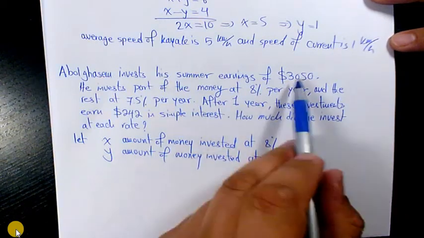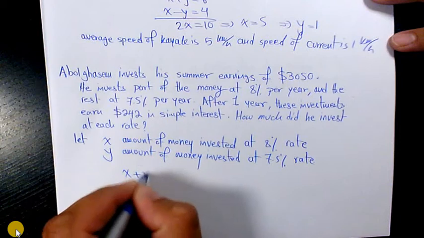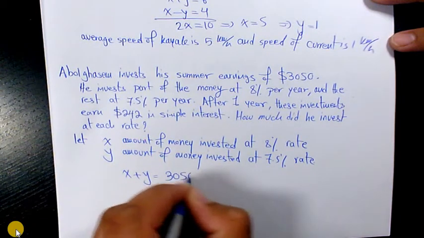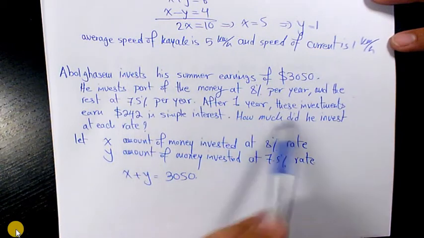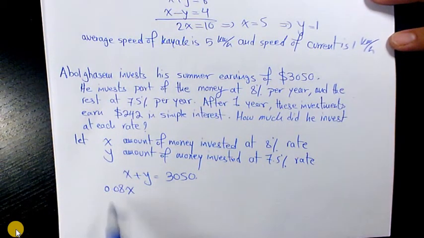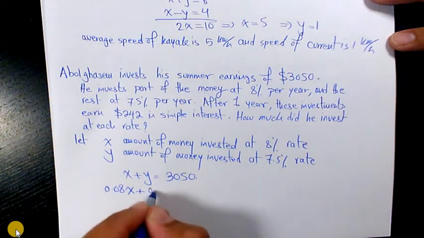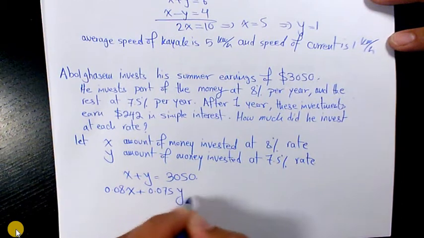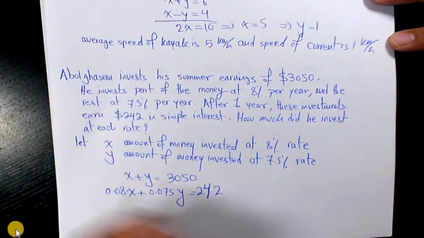In total, the total investments was 30.50. So x plus y is 30.50, and the earnings, the profit was 242 after 1 year. So it's going to be 8% of x, which is 0.08x, and 7.5% is going to be 0.075y equals 242.